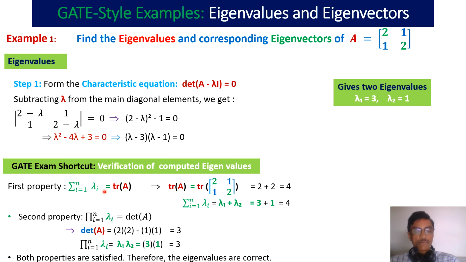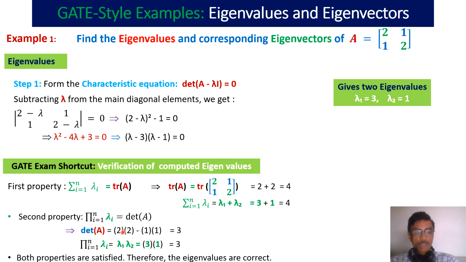The trace of A, where A is [2 1; 1 2], is 2 plus 2, which is equal to 4. The sum of the eigenvalues we found, 3 and 1, is 3 plus 1 equals 4. So this property is satisfied.